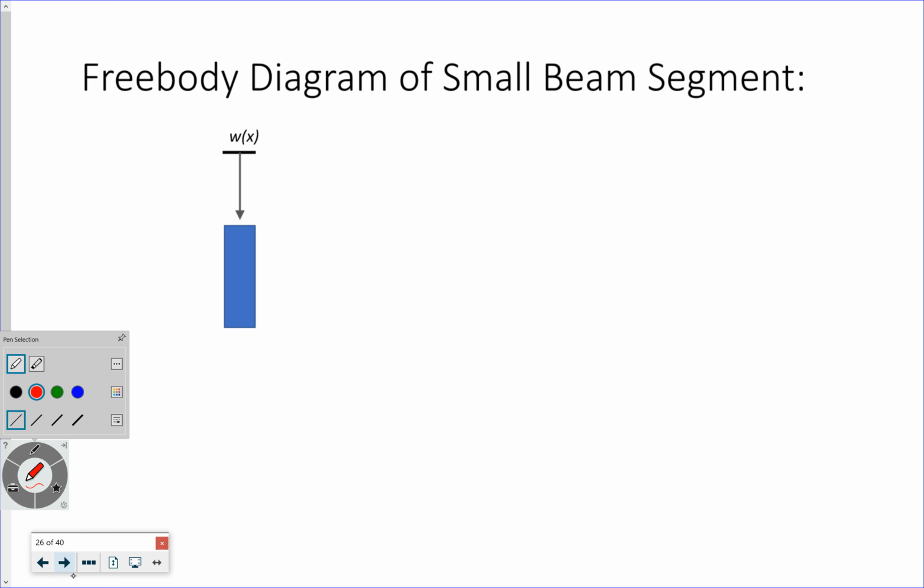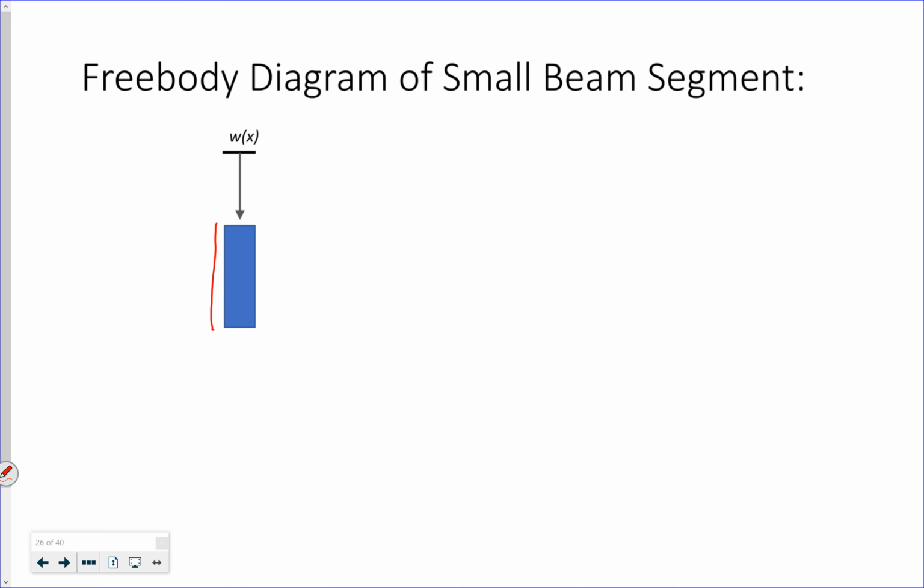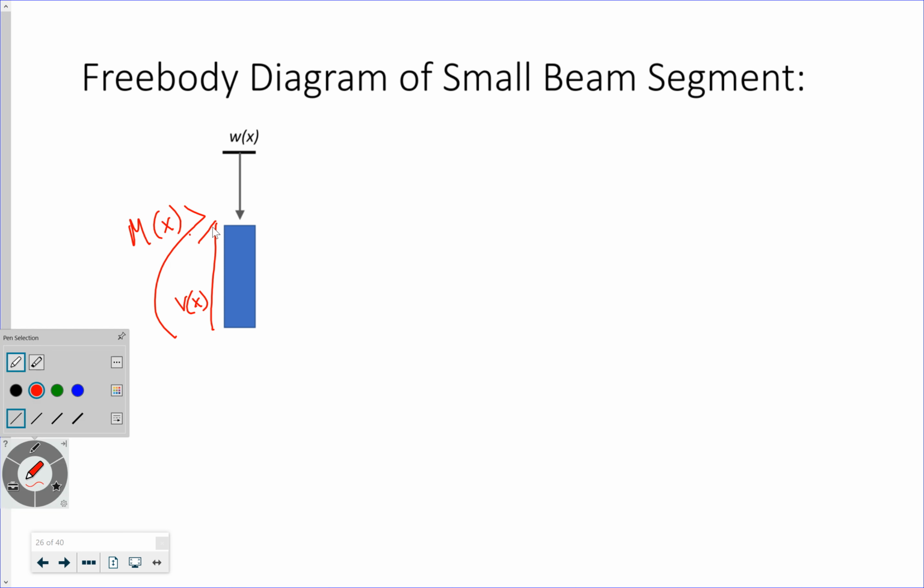So on my little segment, on one side, I have a shear force with a value of V of x, and I also have a moment with a value M of x. And remember, this is my width delta x.